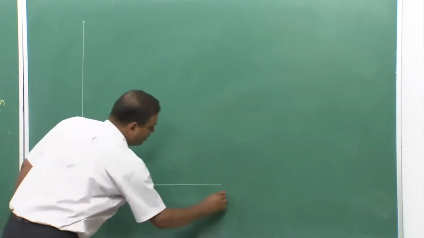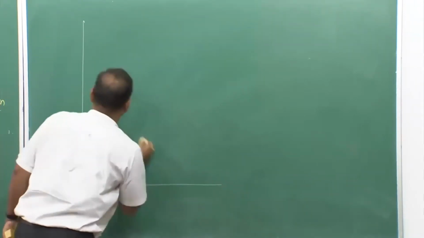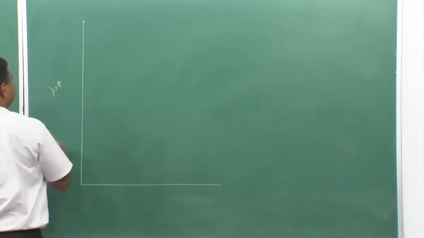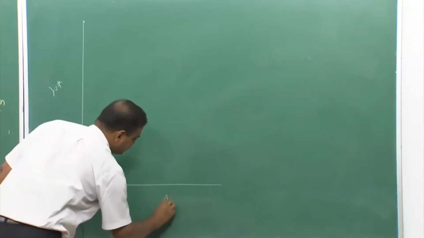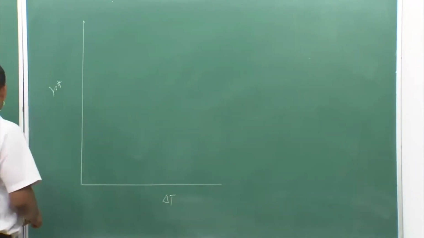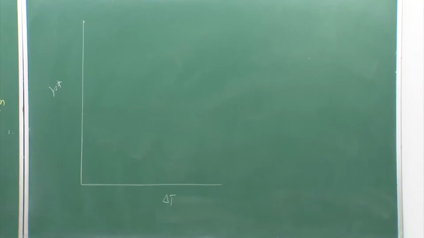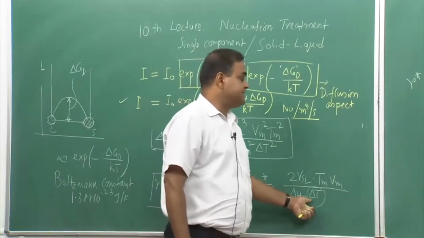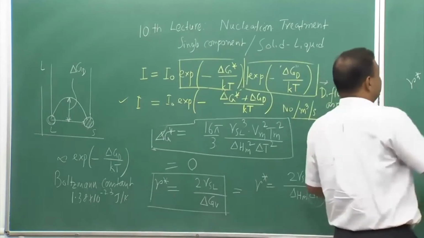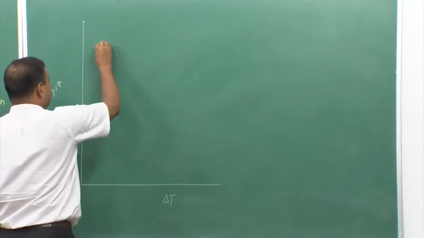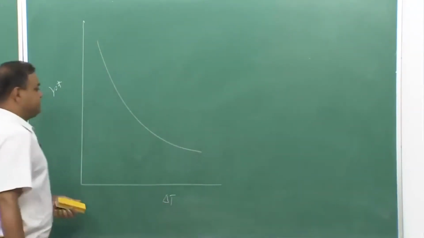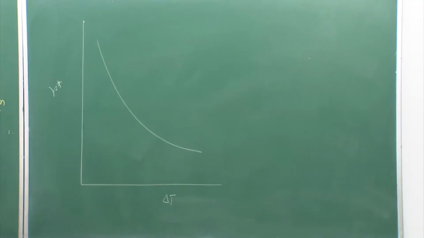If I try to plot R star as a function of del T, we see that R star is inversely proportional to del T, so R star would have a very high value and then gradually it will decrease like this. So, this is the R star variation.